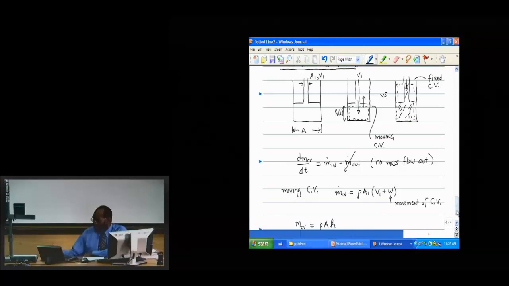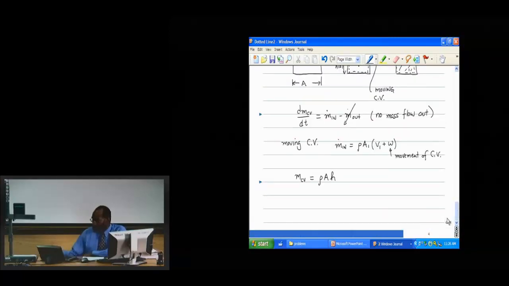So there's this H. And W is just equal to dH/dt. So when we look at dm_CV/dt, it's rho A dH/dt.